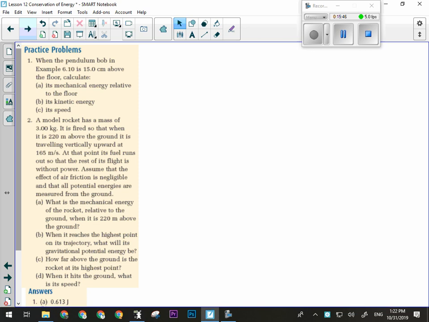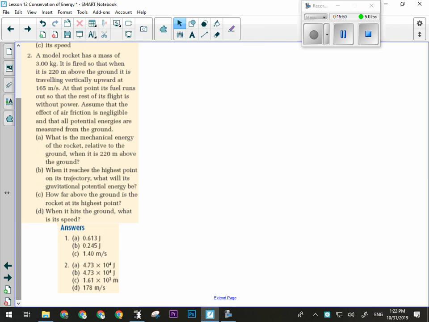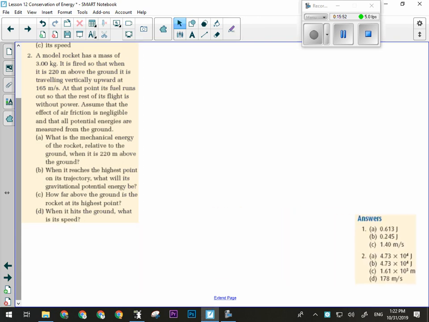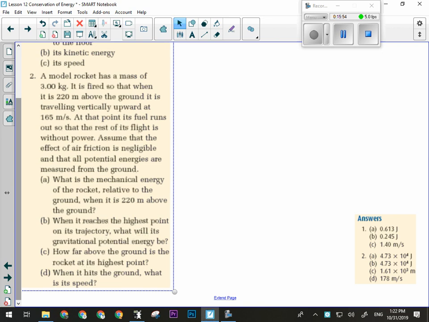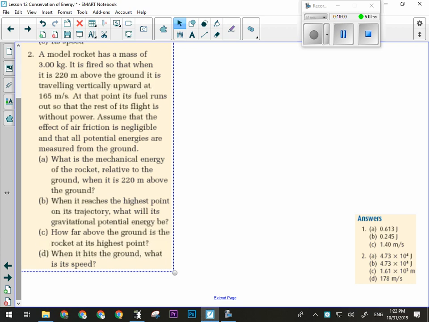Okay, I want you guys to try question number 2 here. I'm going to make it bigger so you can actually see it. So you've got a model rocket that has a mass of 3 kilograms. It's fired so that when it is 220 meters above the ground, it is traveling vertically upward at 165 meters per second.